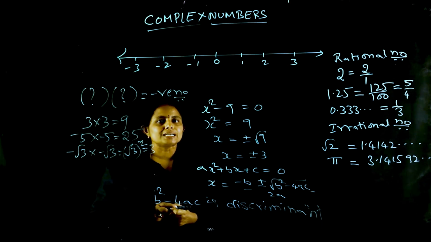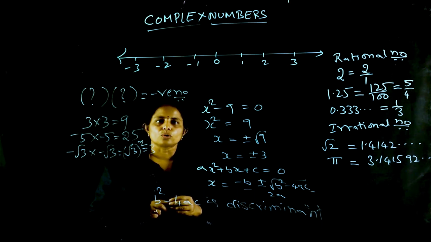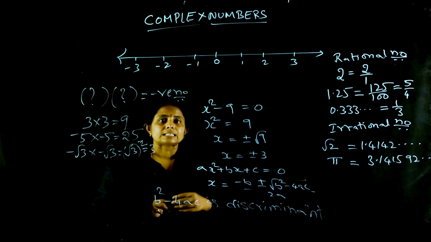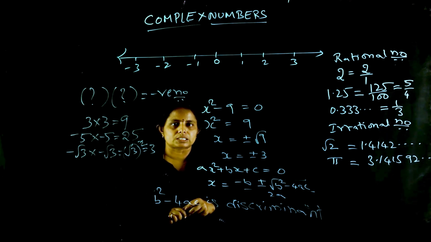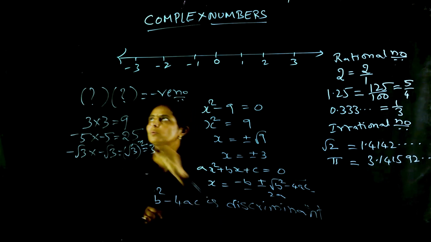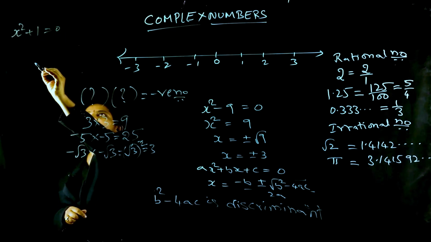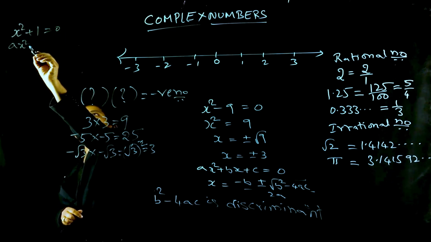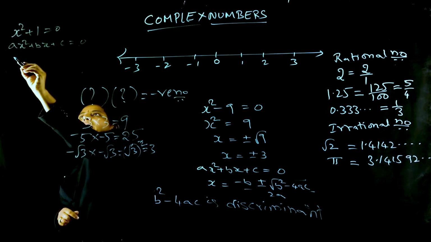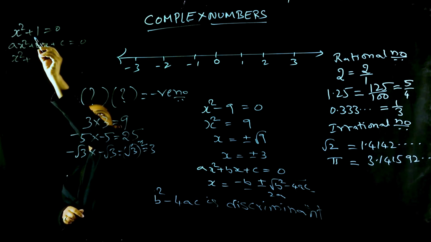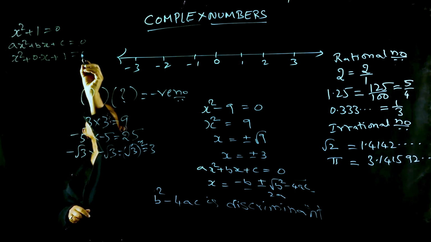If this discriminant is a negative number, we studied that the roots are not real, or we say that particular quadratic equation does not have real roots. Let us consider the equation x square plus 1 equal to 0. If we compare this with ax square plus bx plus c equal to 0, convert it in the same form. As there is no x term, it is x square plus 0 into x plus 1 equal to 0.